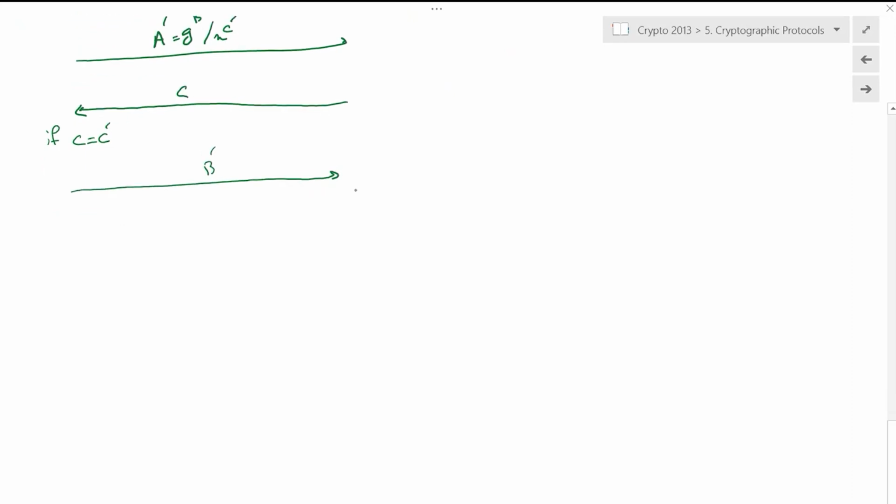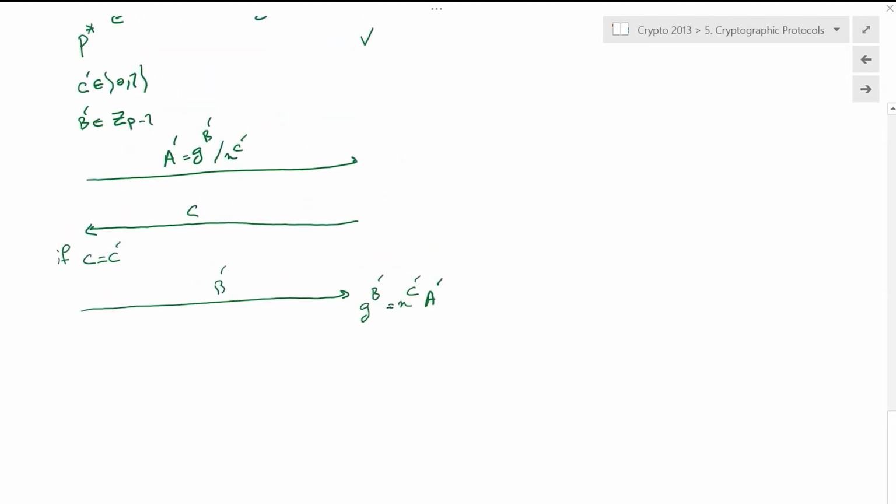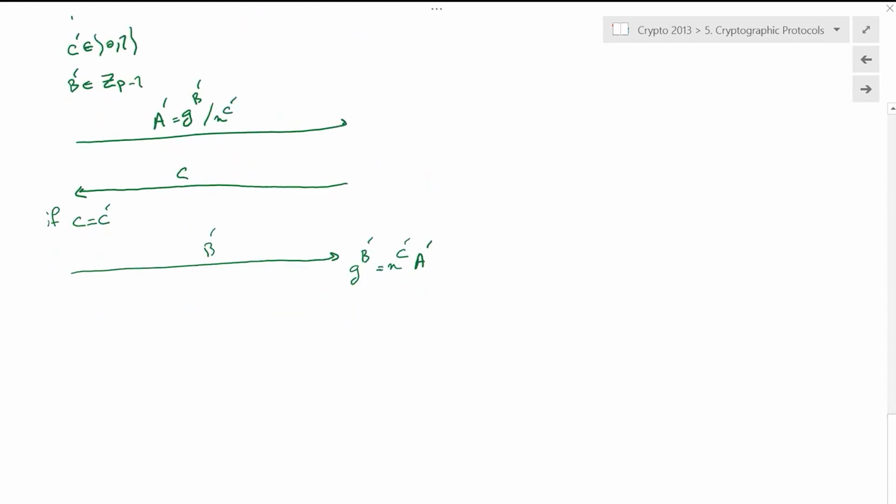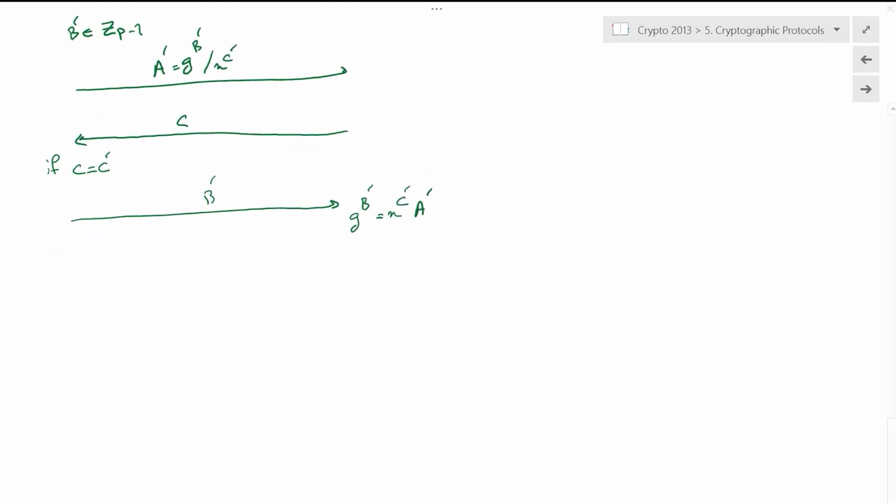And then the verifier would check whether G to the B prime equals X to the C prime times A prime, right? And then the verifier would get convinced. Let's see why.